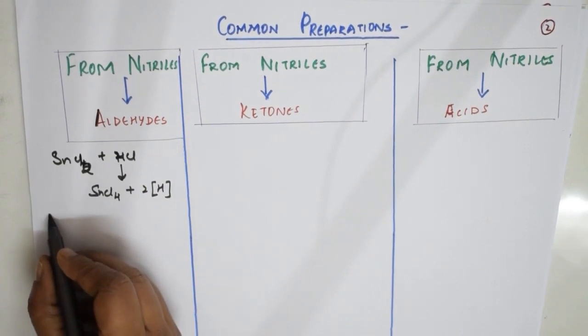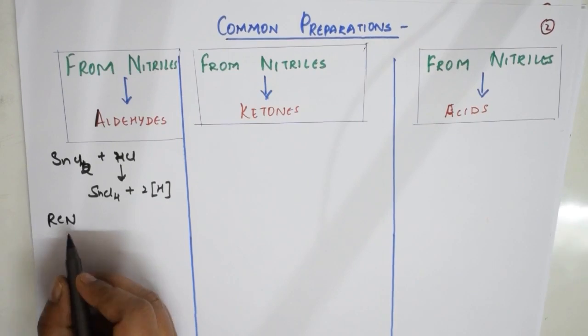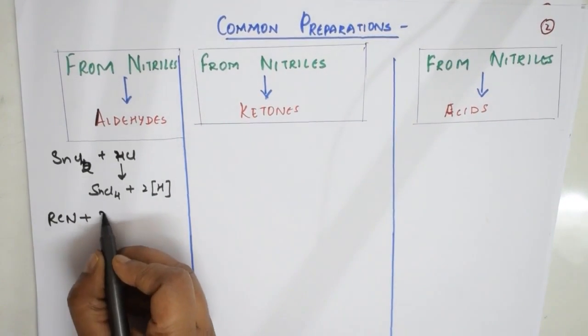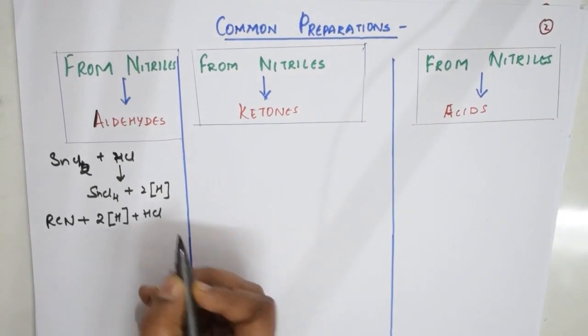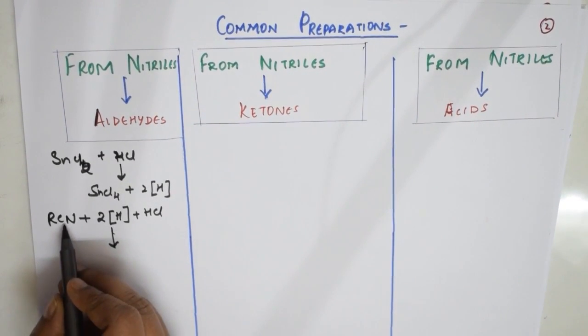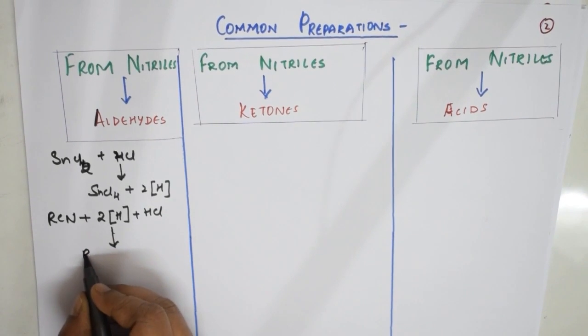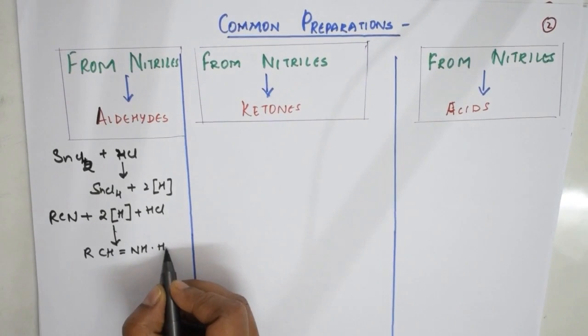Now I'm going to take the required nitrile, R C triple bond N. These 2 hydrogens will add up, and in the presence of HCl, what do I get? I am going to get a compound. This bond breaks in between these 2, and RCH double bond NH.HCl.